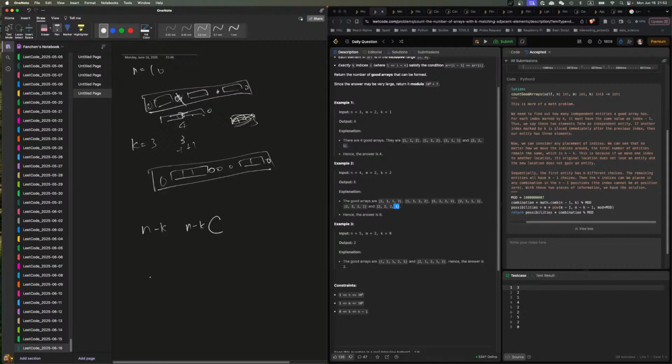So it's going to be, but you also need to know how to position the n minus k entities, because you have different ways to position them. N minus k entities essentially means, because it doesn't matter, it's just n minus k indices.